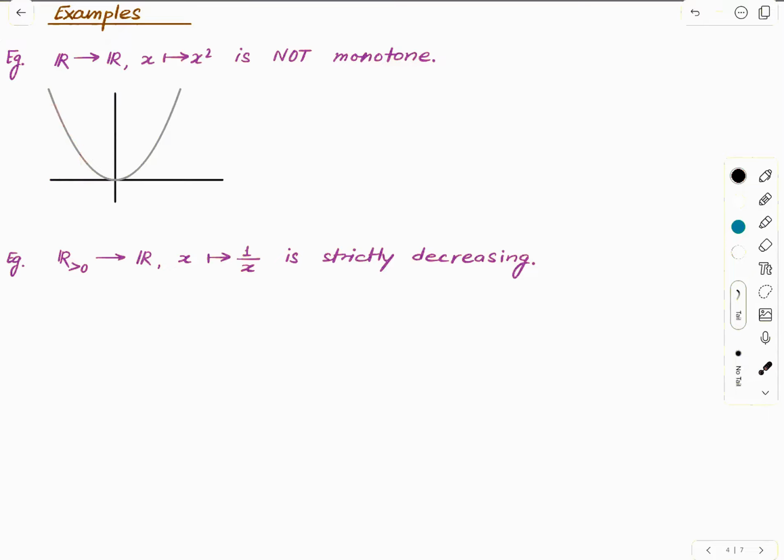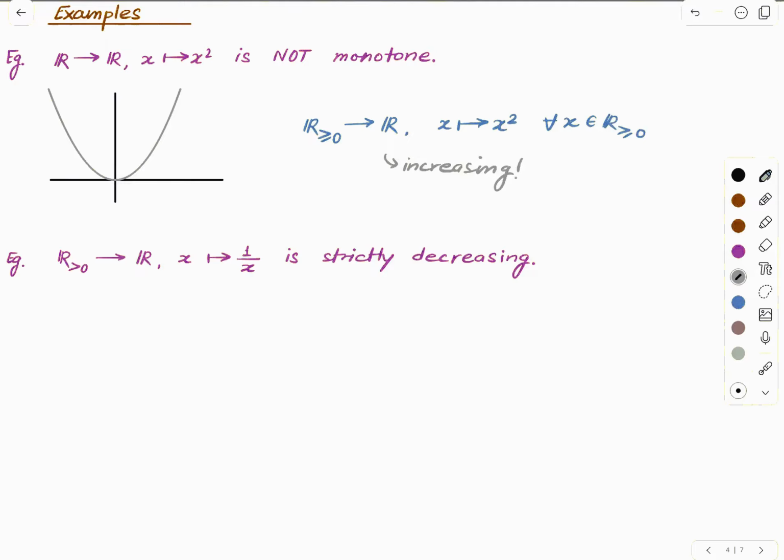And you take these 2 points, they witness that the function cannot be decreasing because the value goes up. So it's neither increasing nor decreasing, and hence it's not a monotone function. All right, but let me also say that if you take this function, whose description is the same, this is an increasing function.